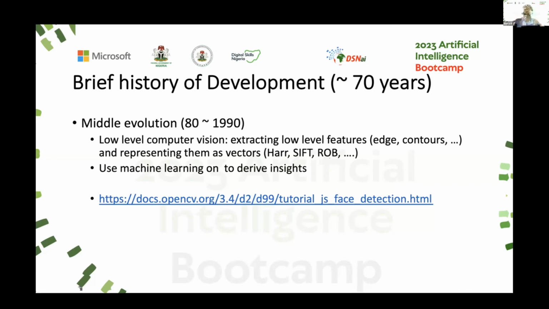So the main change here is from using rule-based methods to using machine learning. In fact, this machine learning process forced researchers to formalize the low-level features into vectors.